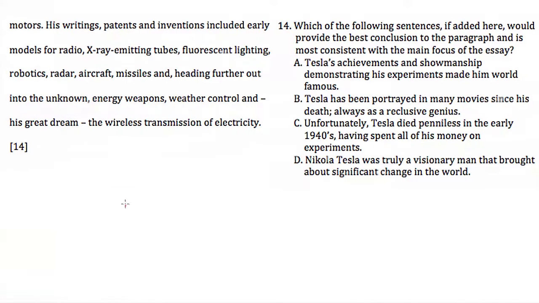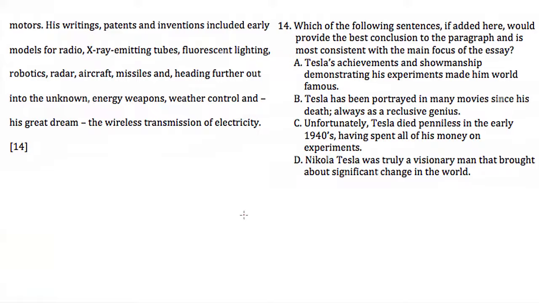Now question 14 is asking us to add a concluding sentence at the end of the passage. And it wants to know which of these sentences would be the best concluding sentence for this passage. A. Tesla's achievements and showmanship demonstrating his experiments made him world famous.